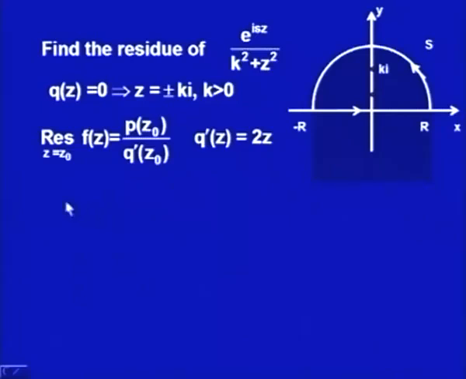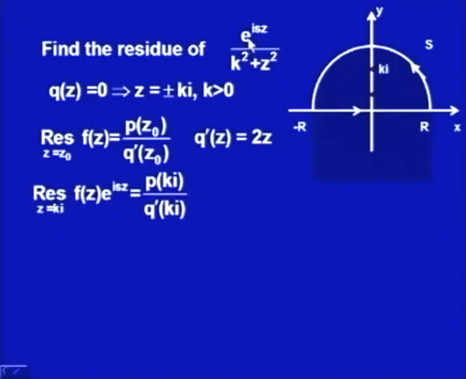So, we would get the residue at k I of f z e to the power I s z as e to the power I s z, that is p k I, upon q dash at k I, that is 2 z, where z is k I, that is at z equal to k I.